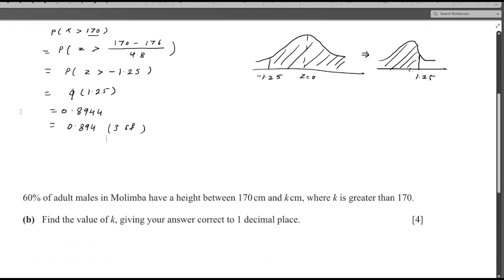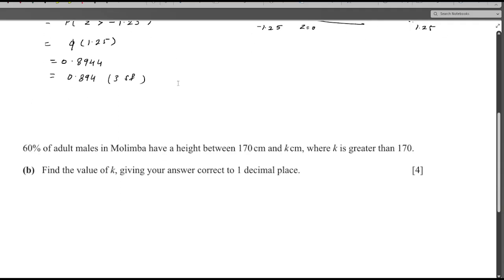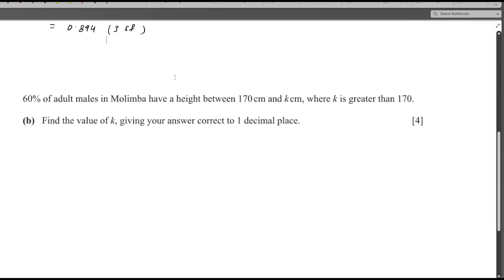Now next: 60% of the adult males in Mulimba have a height between 170 centimeters and k centimeters, where k is greater than 170. Find the value of k, giving your answer correct to 1 decimal place.